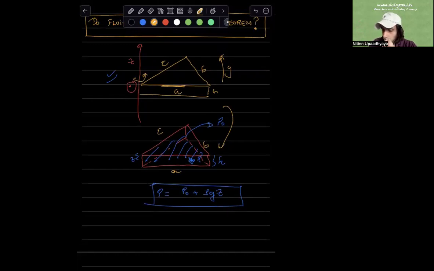So there is water which will exert a pressure on this particular face of the triangular container, and this pressure is always acting normal to the direction of the face, right? So it'll try to push the face outwards. That's by definition how pressure acts. It's normal to the surface on which it's being exerted, which means that the force associated with this pressure will try to rotate this box in this direction.